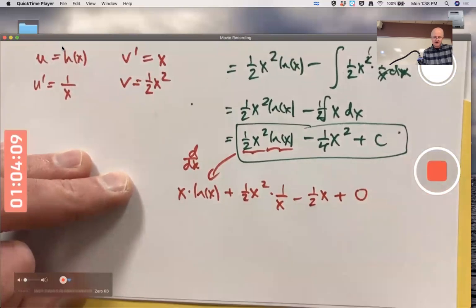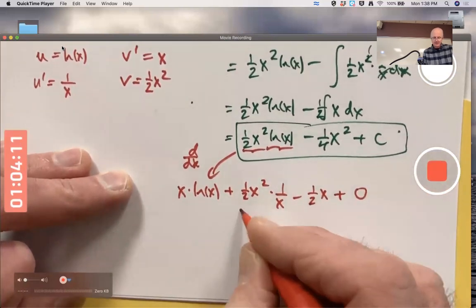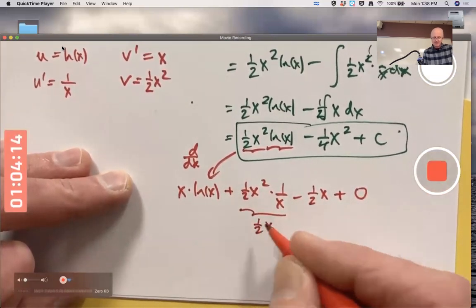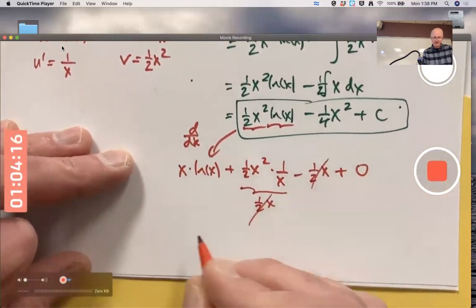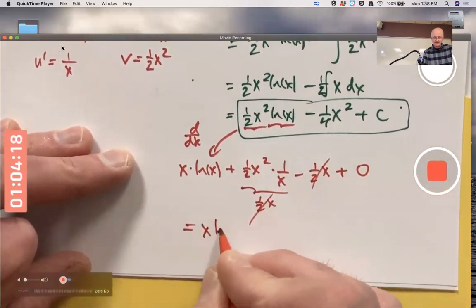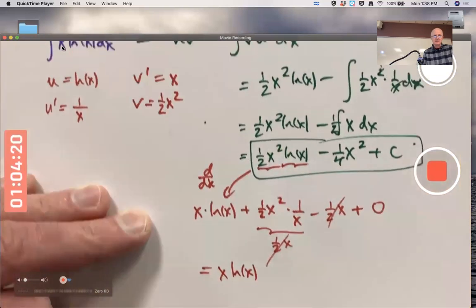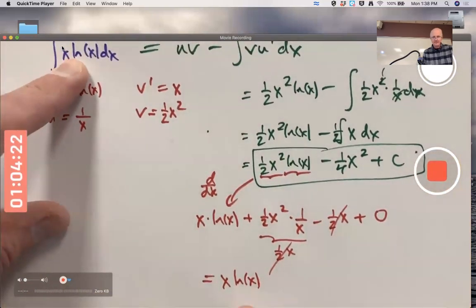C differentiates to 0. This simplifies to 1/2 x, which means it cancels with this. And the final answer is what we want it to be, x times natural log of x, which matches that. So it does check.